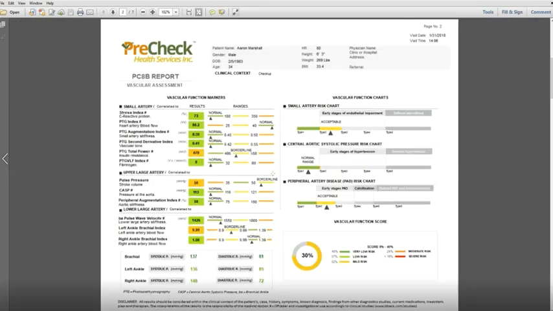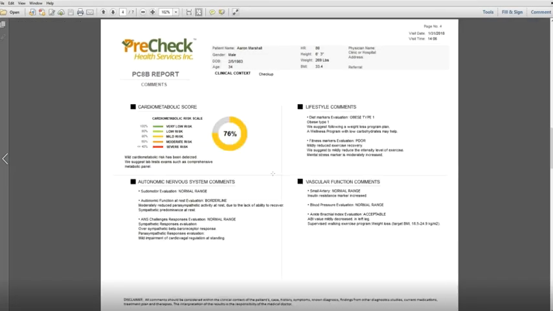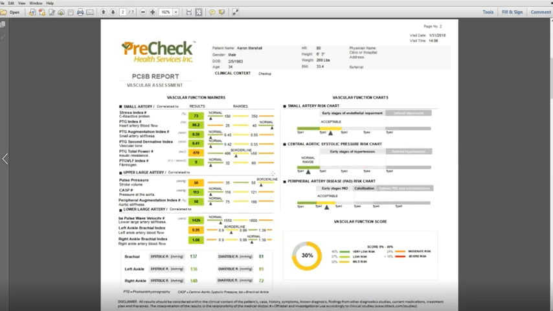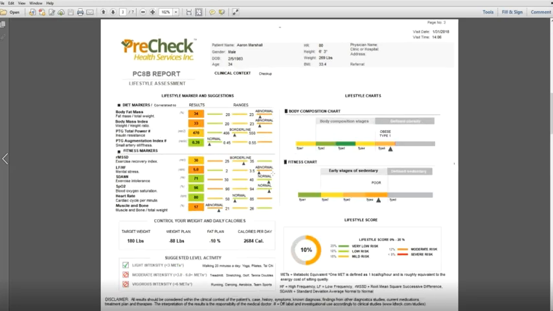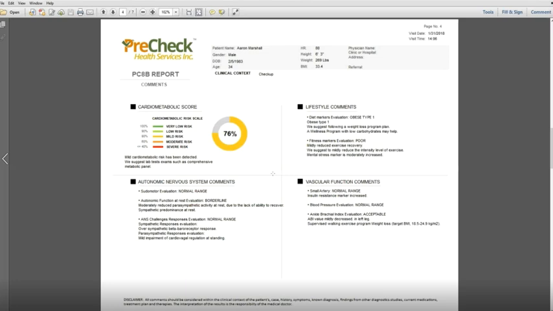Okay, so this should provide all of the reports. So it does. It provides autonomic, vascular, the lifestyle, and the overall score with some commentary. Okay. And you can see what the commentary is, and it's going to vary depending on the severity of the results. So, for example, here you see lifestyle.